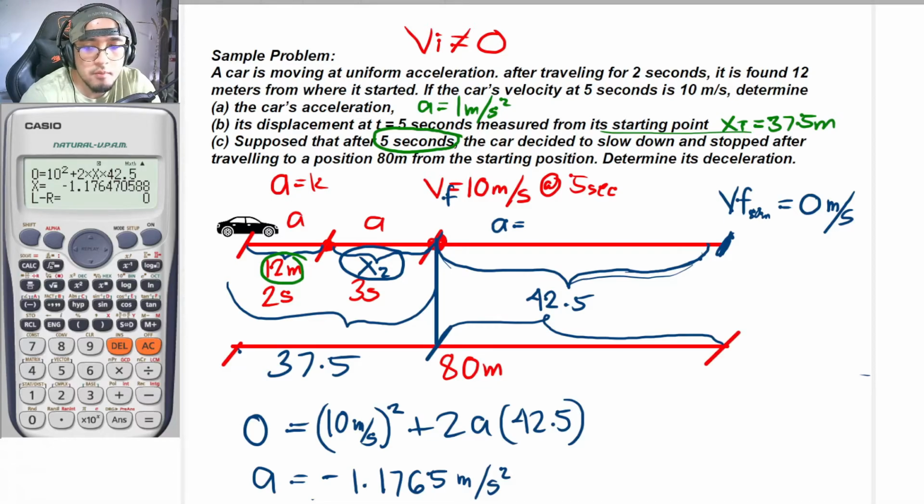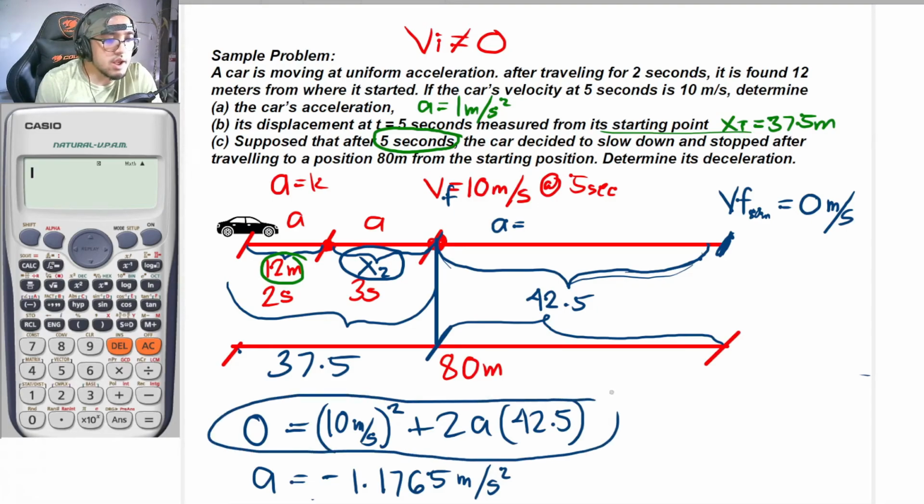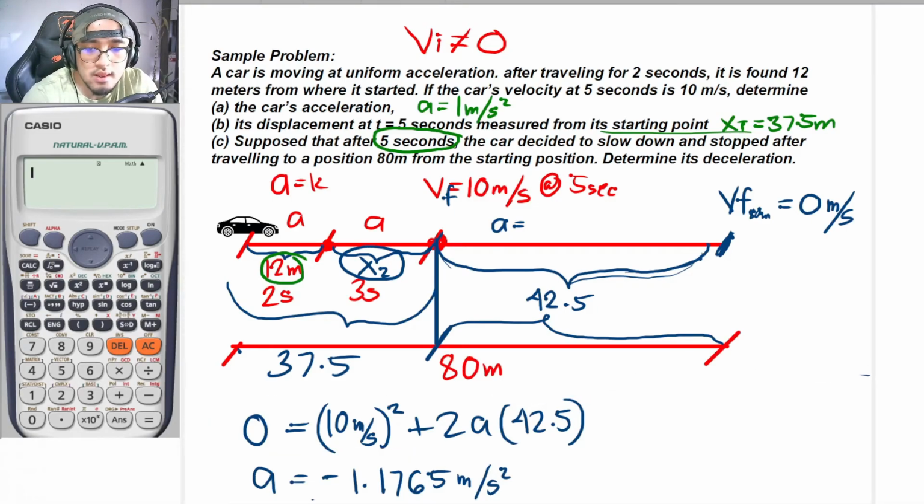So to confirm, I would check if this equation here is true. So 10 squared plus 2 times negative 1.1765 times 42.5. Our answer here is negative 0.0001, so it is negligible. It is basically equal to 0. So this is now correct.